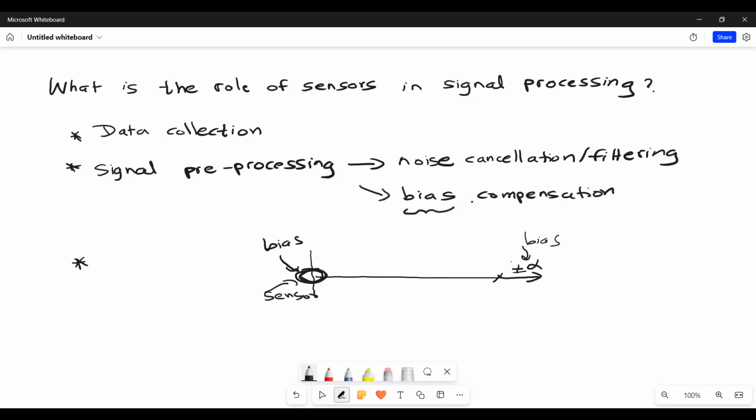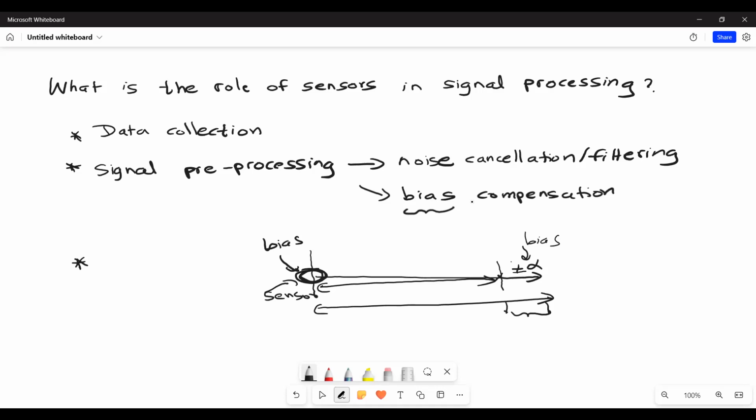If it measures the distance to a certain object, the actual distance will be, let's say, this distance, but the sensor is measuring this distance as the distance to the object. This difference is known as the bias.